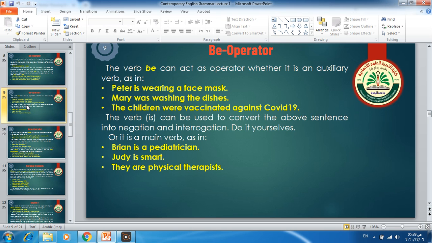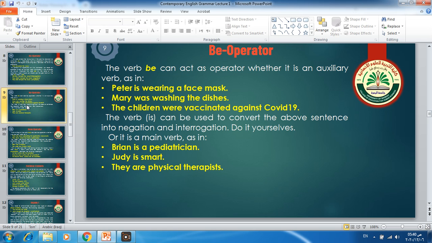The children were vaccinated against COVID-19. So you see the verbs to be here in these three examples are is, was, and were. All of them are used as auxiliary verbs, so they can be used to operate on these sentences.